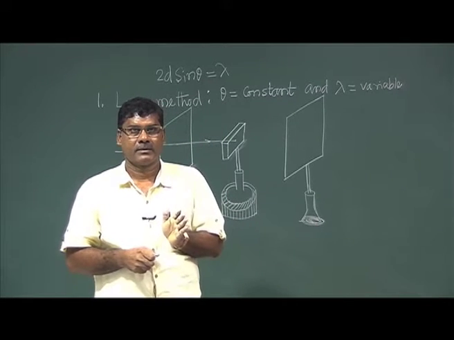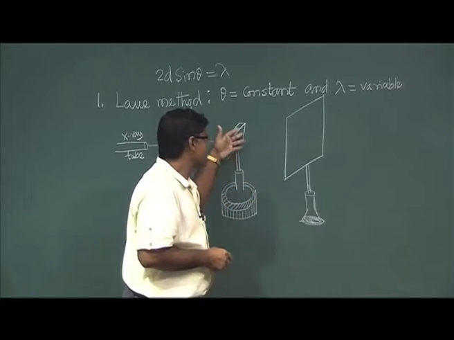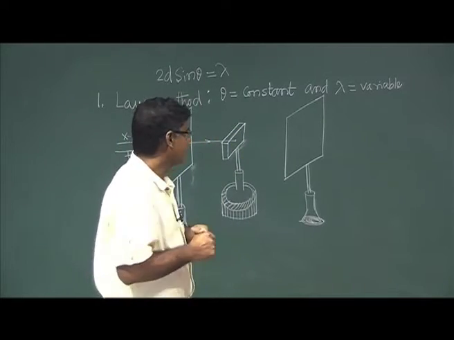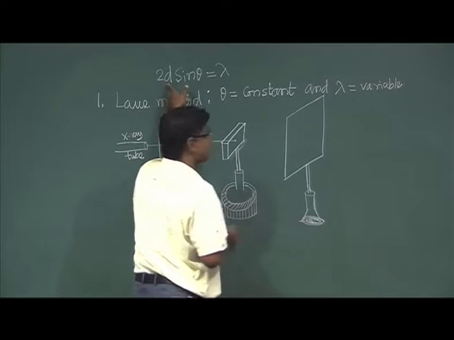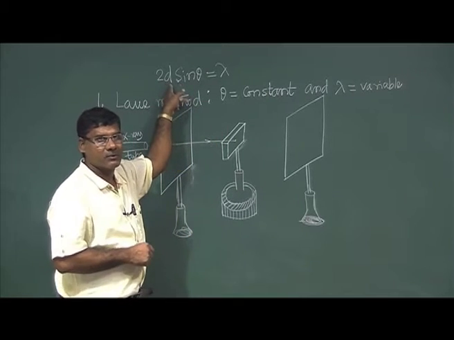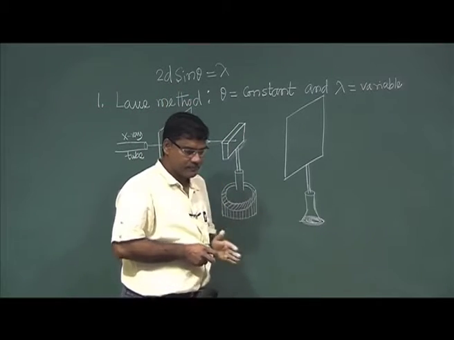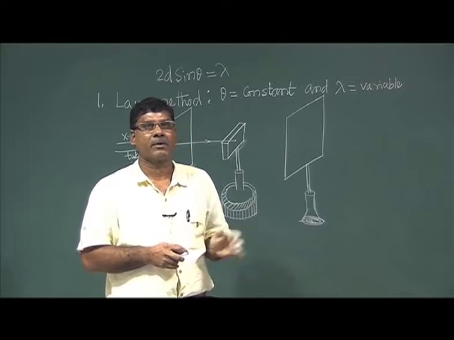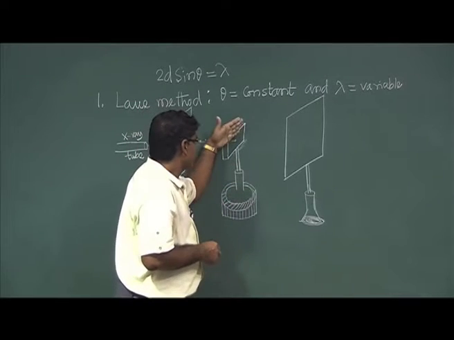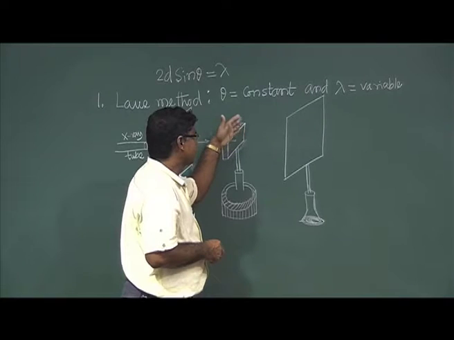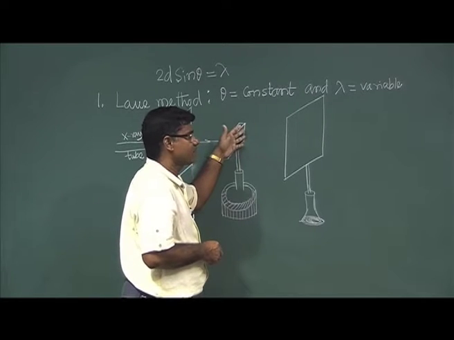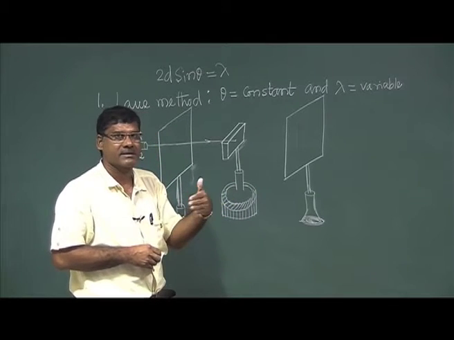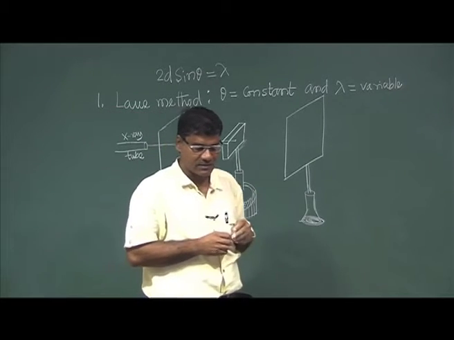One set of parallel planes has a particular lattice constant, which we know. Apart from that, there are many other sets of planes in different orientations.